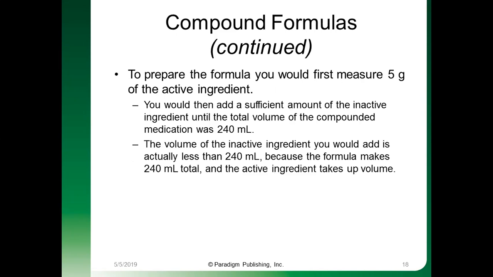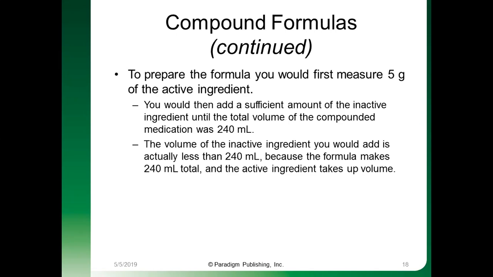So you're going to have to prepare your first measure of 5 grams of the active ingredient. That would then be added to a sufficient amount of inactive ingredient until the total volume of the compounded medication was 240 ml.